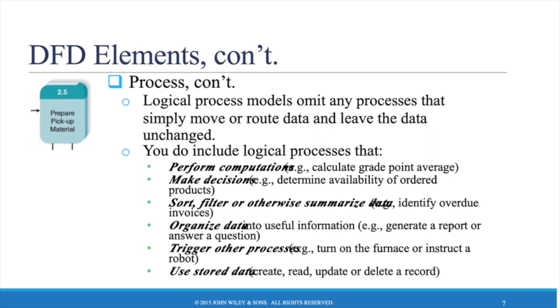You include logical processes that can perform a computation, make a decision, maybe to compute a grade, to sort a file, to organize it. So it must be doing something, or something that triggers another process.